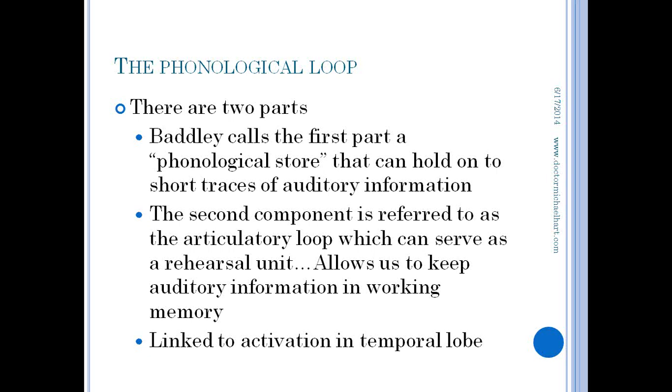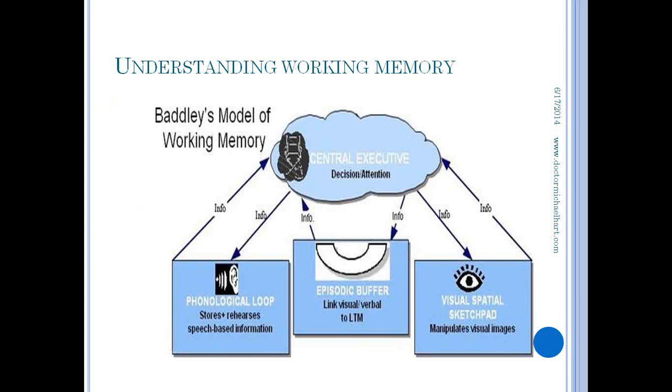And they've seen activation in the temporal lobe when they do specific testing to figure out where the neural activity is with regard to the phonological loop, specific to active working memory.